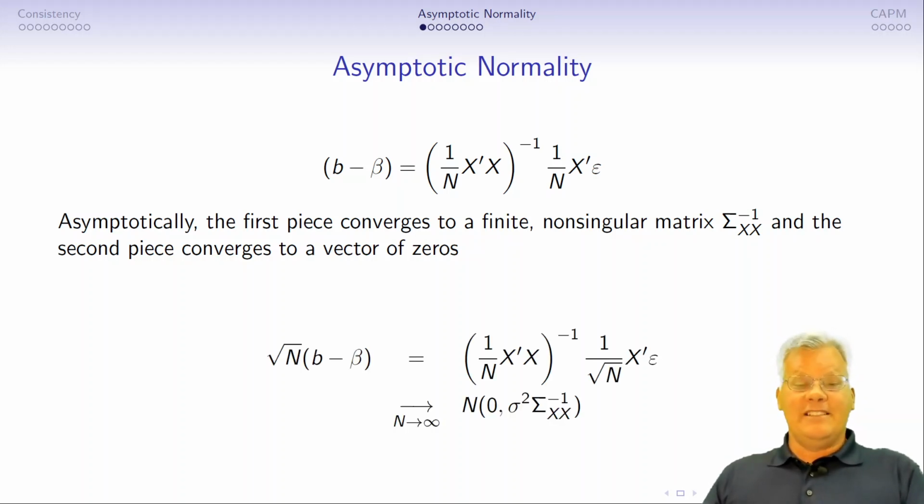But if this expression is multiplied by the square root of n, it now converges in probability to a normally distributed random variable. The first piece converges to the finite non-singular matrix sigma sub xx inverse, and the second piece converges in probability to the normal distribution.